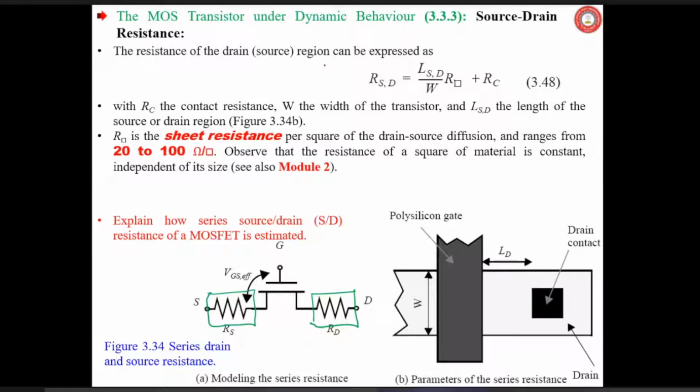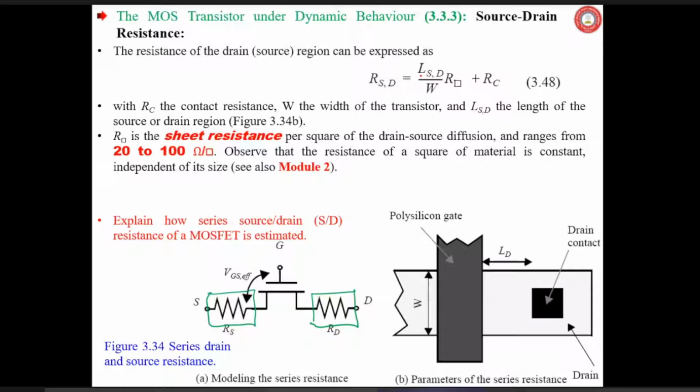The resistance of the drain or source region can be expressed as RSD, because both are similar, so we are denoting with RS or RD. It is the same thing. RSD equals LSD divided by W into R square. R square is the sheet resistance per square. What is the meaning of that?